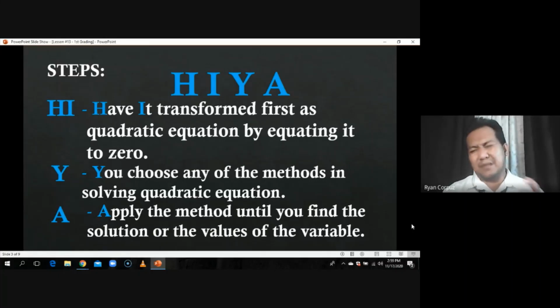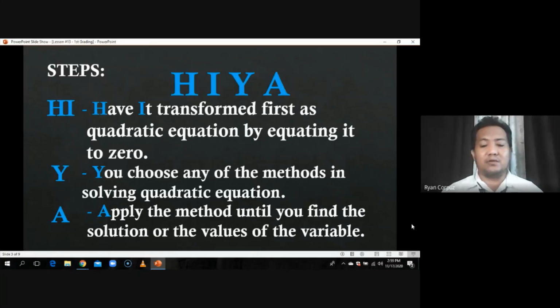So again, every time you think of the word hiya, that means you are thinking of how you are going to find the zeros of the function.